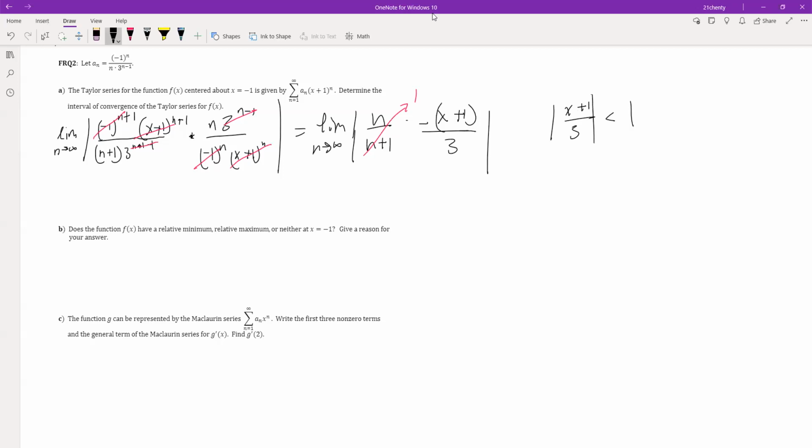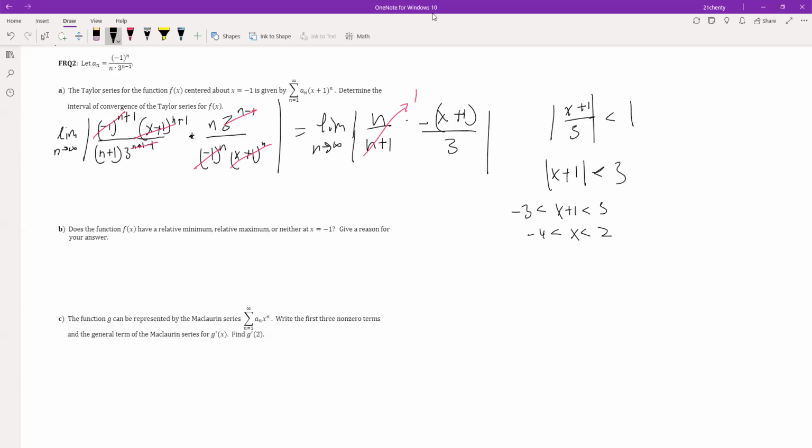That's the ratio test. And now we'll write it like this: negative 3 is less than x plus 1, which is less than 3. Okay, so now we have to test the endpoints. First let's test negative 4.